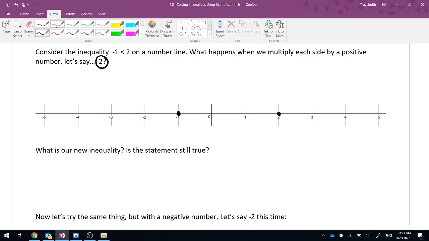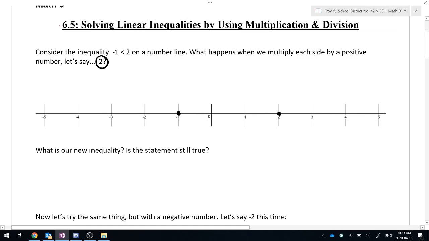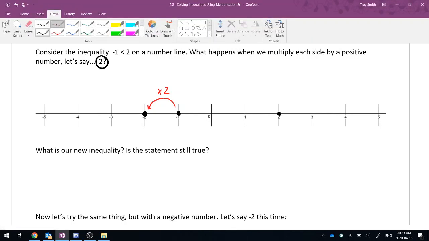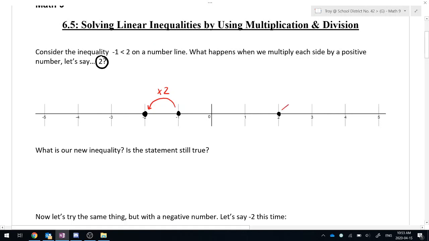So if I take -1, multiply it by 2, of course we get -2. So our value moves there. And what we do to one side, we have to do to the other. So if I multiply 2 by 2, of course we get 4.